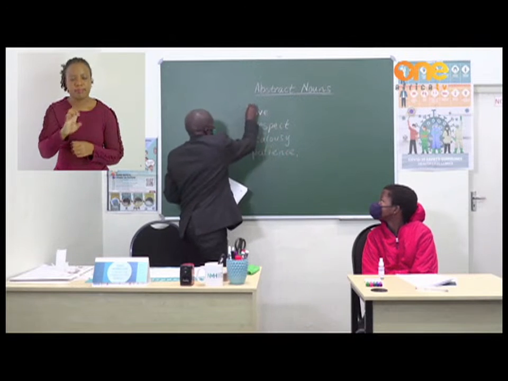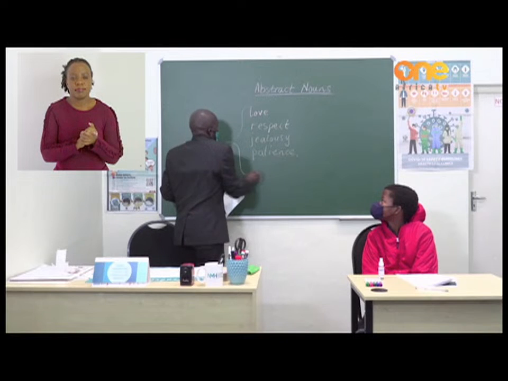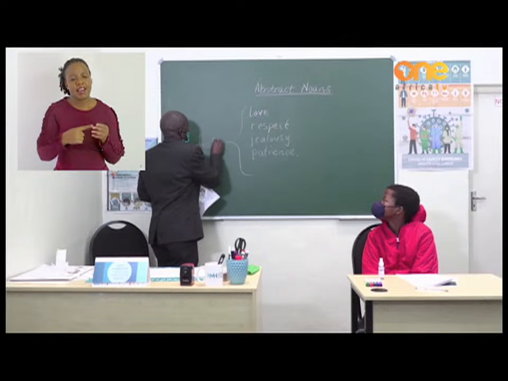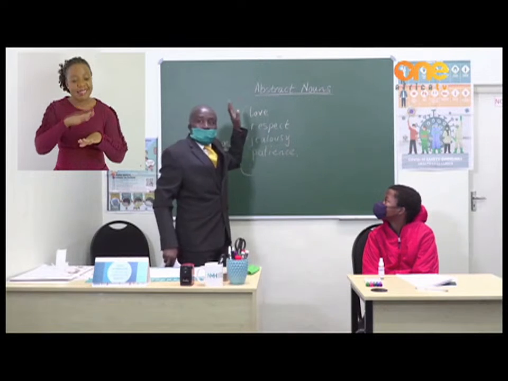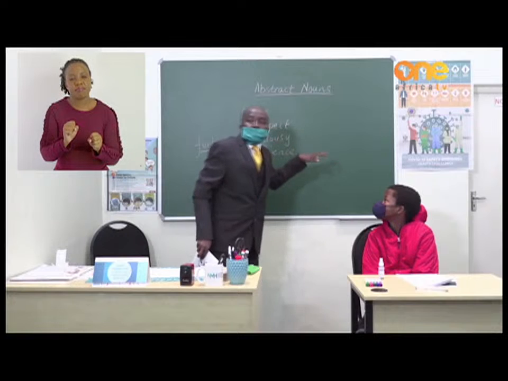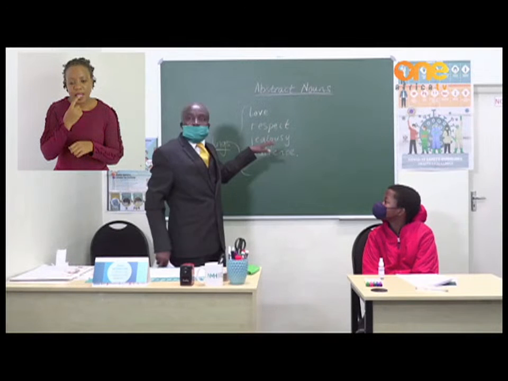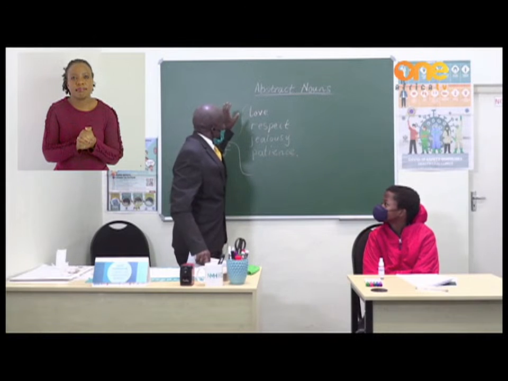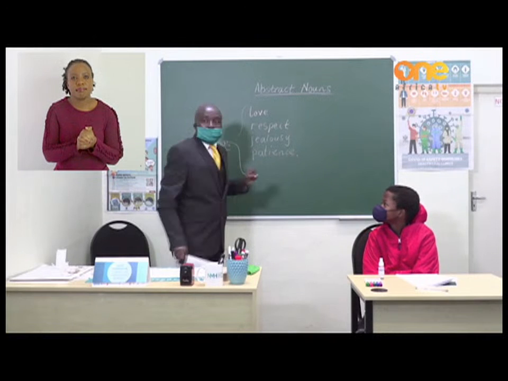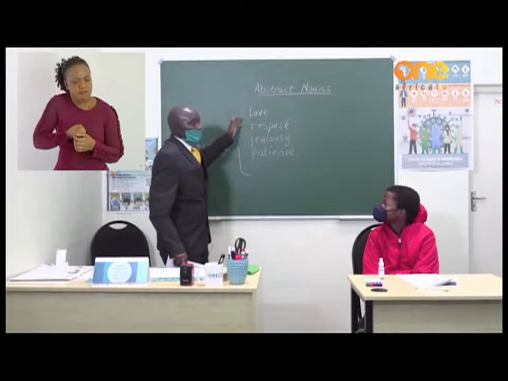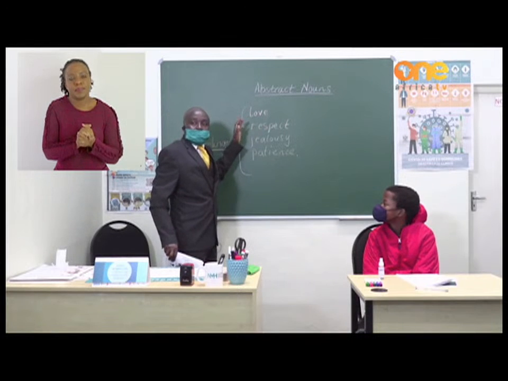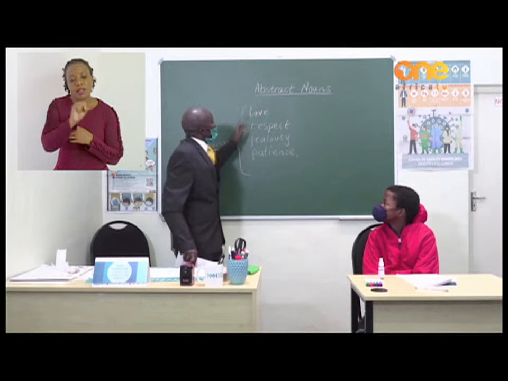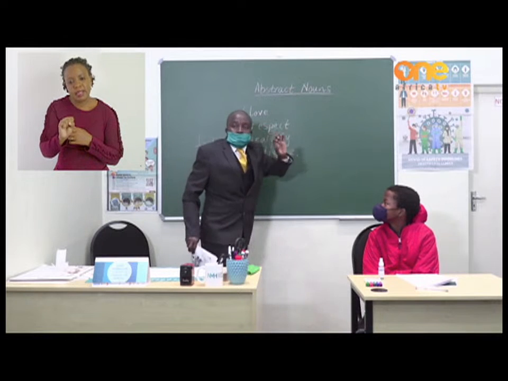Right. All these words have something to do with our feelings. You cannot taste it, you cannot see it, you cannot hold it. So what it means is the five senses that we have do not have anything to do with abstract nouns.